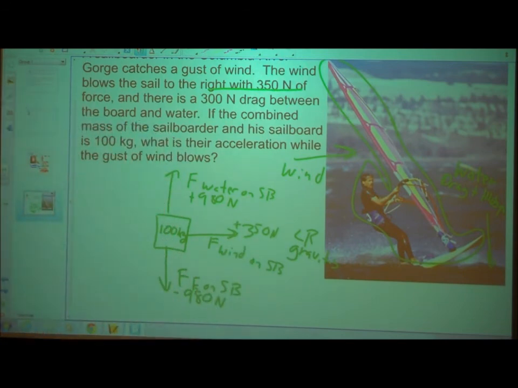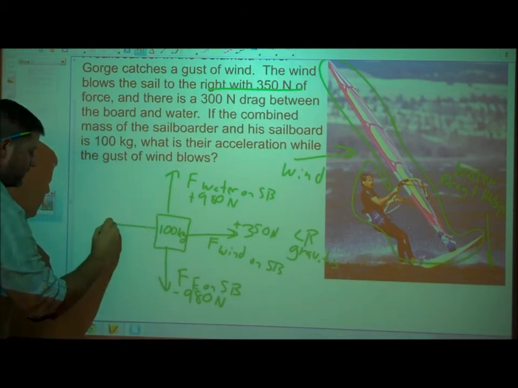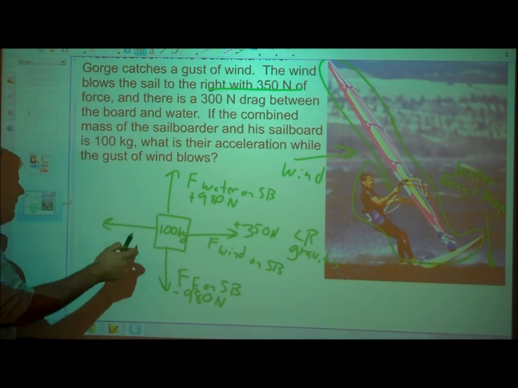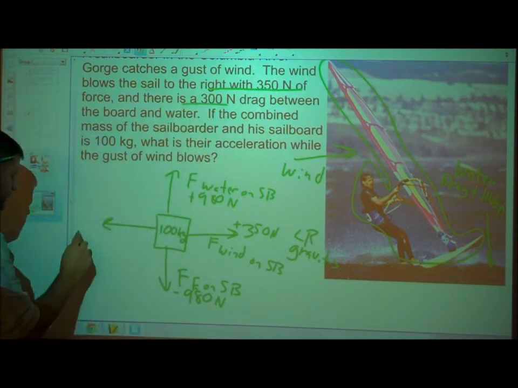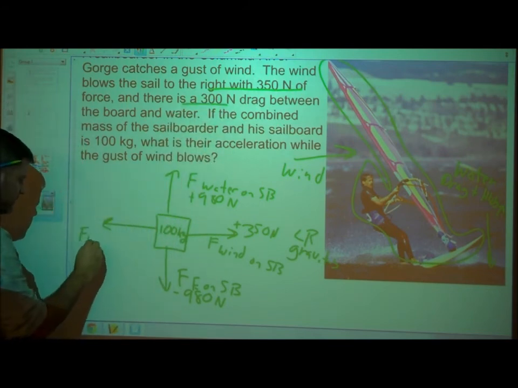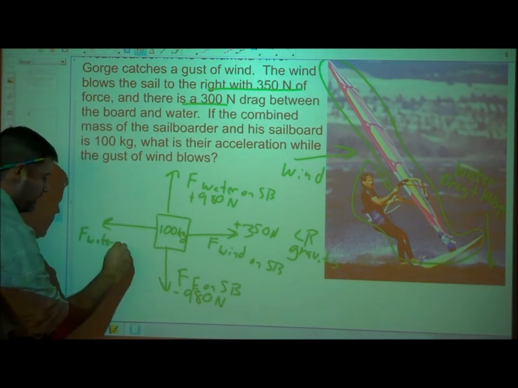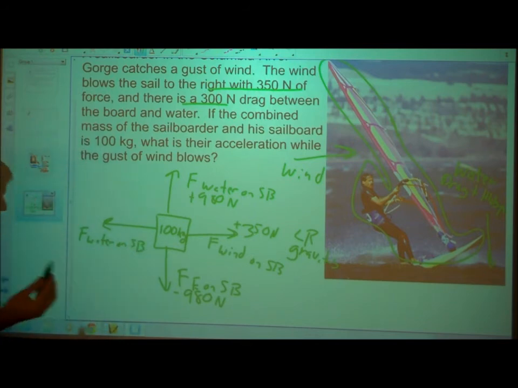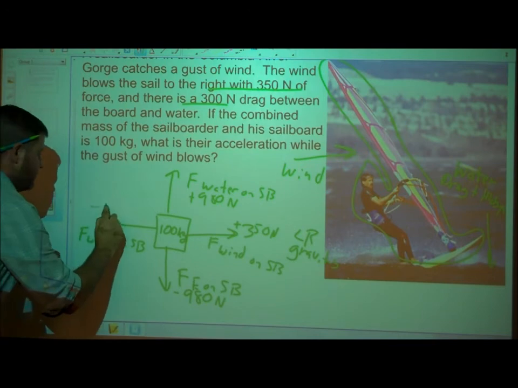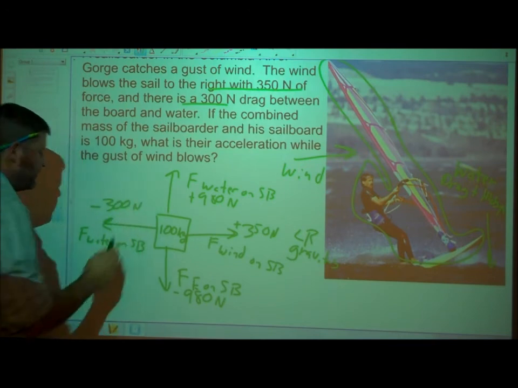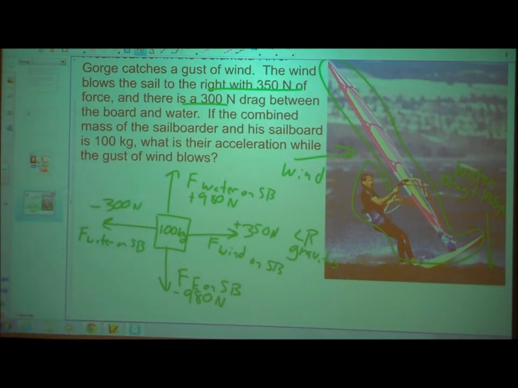The other force we're going to have here is the drag. Drag is going this way. So the force of drag, we'll call it force of water on the sailboarder, because the water is what's causing the drag, is going to be negative 300 newtons. As you can see, I gave positive and negatives to the direction. I made positive 350 to the right, negative 300 going towards the left here.